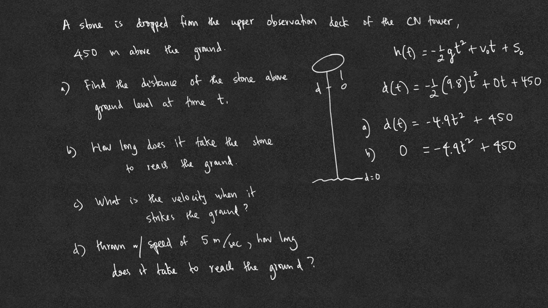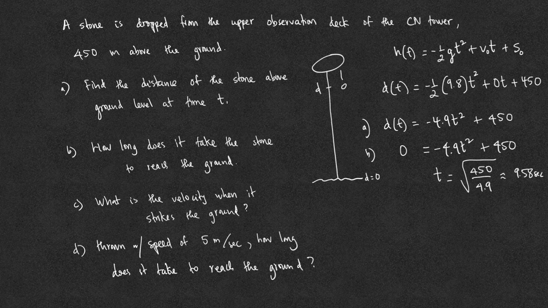But if we solve for t by isolating, we have the square root of 450 over 4.9. We bring the negative 4.9 t squared to the left-hand side to get positive 4.9 t squared. Divided by 4.9 and taking the square root, this is approximately 9.58 seconds.